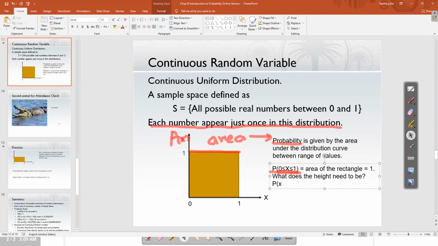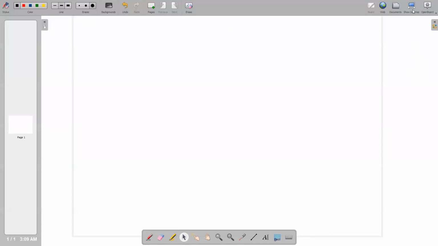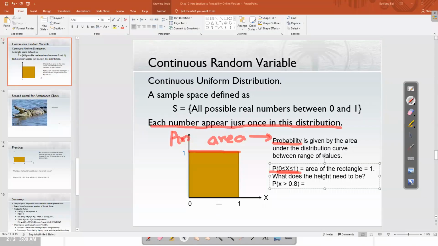So for example, if I ask you what's the probability of x greater than 0.8, you just need to find where 0.8 is, right? If 0.8 is right here, then we know the probability of x greater than 0.8 will be enclosing the area here, right?